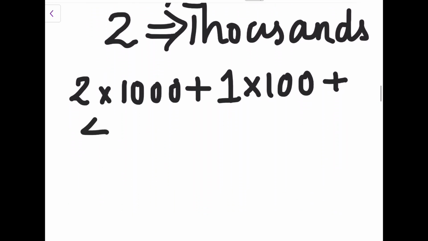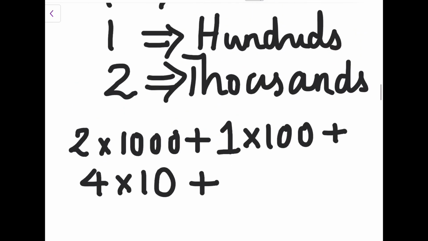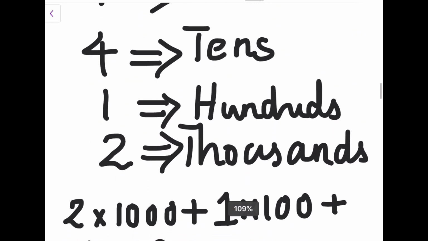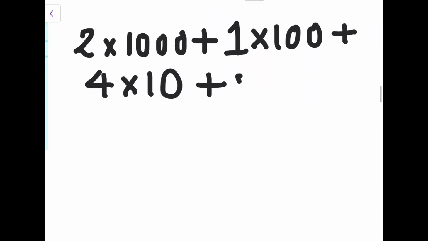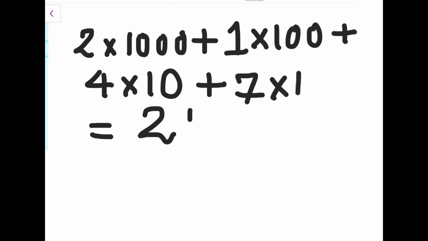We will write 4 into 10 plus how many ones? 7 ones. So 7 into 1. This is equal to 2147. So this is the way you have to write the given number in the expanded form after assigning the place values.